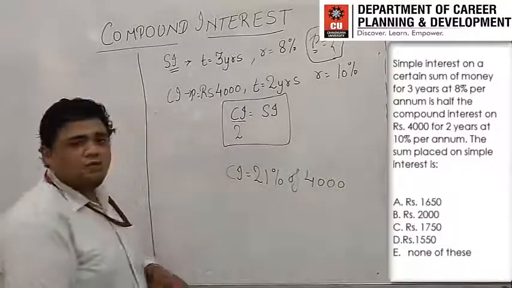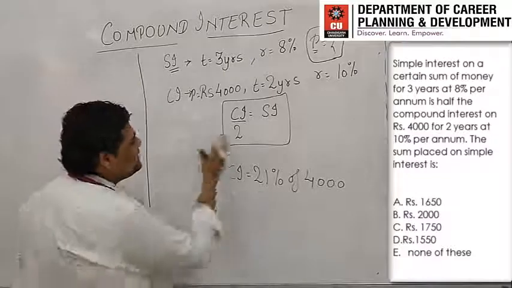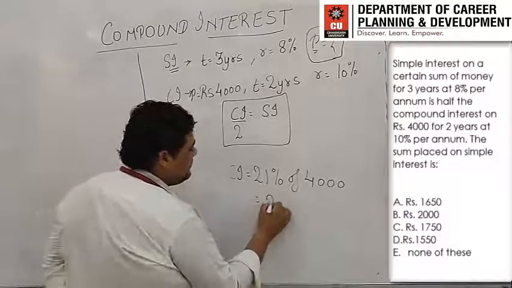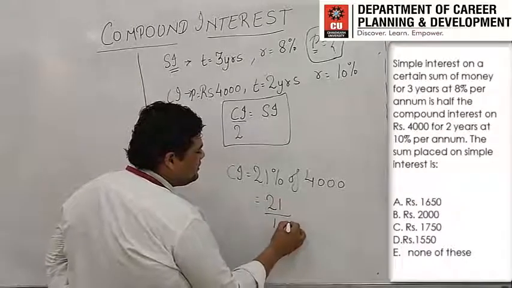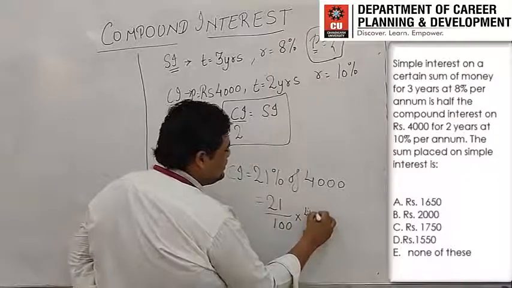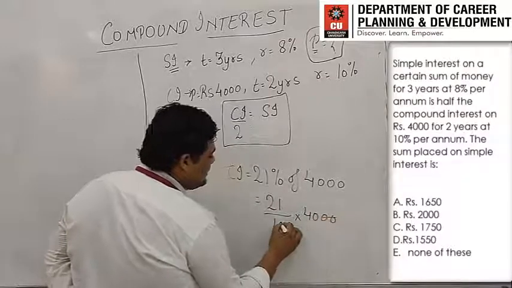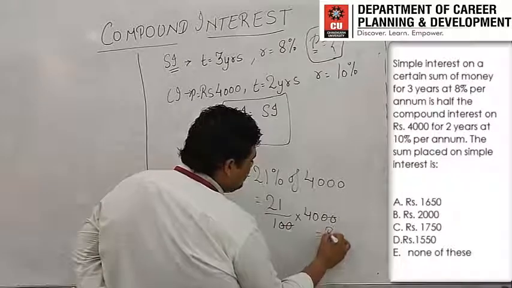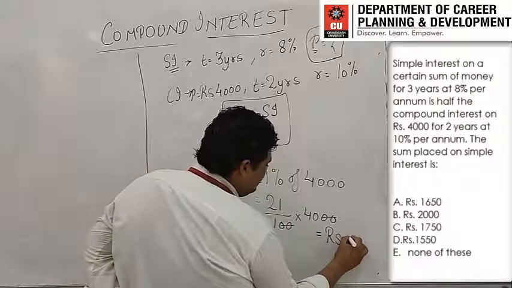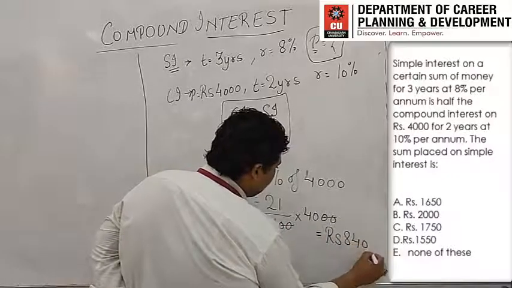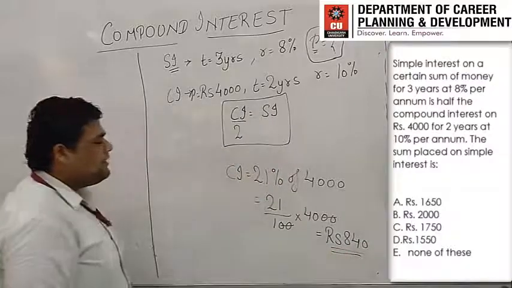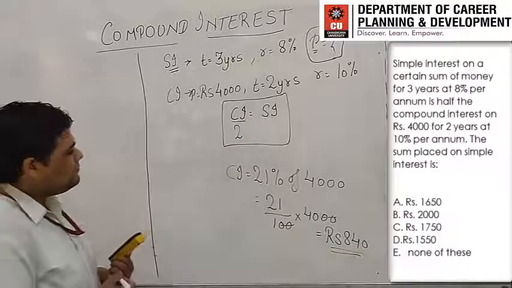Now it will be 21 upon 100 multiplied by 4,000. If you cancel these values, you will get the compound interest as rupees 840.